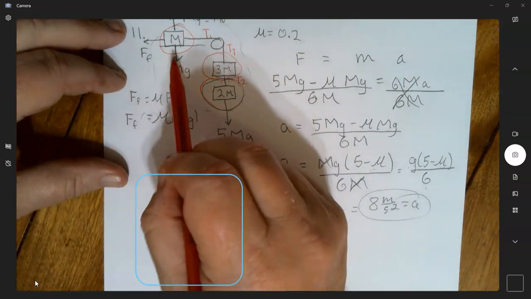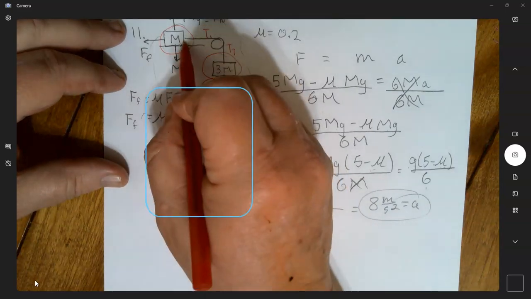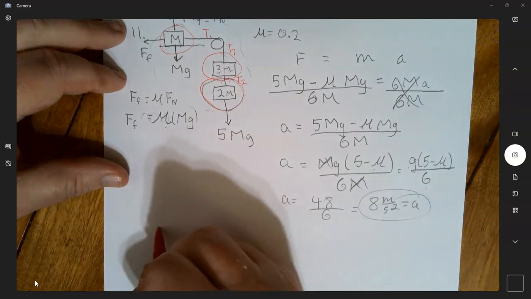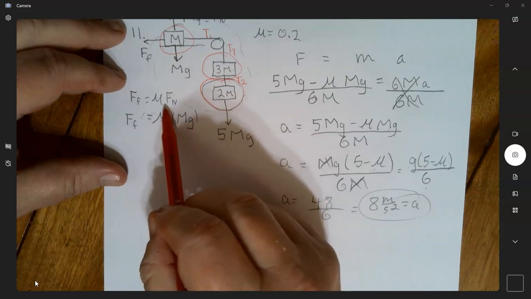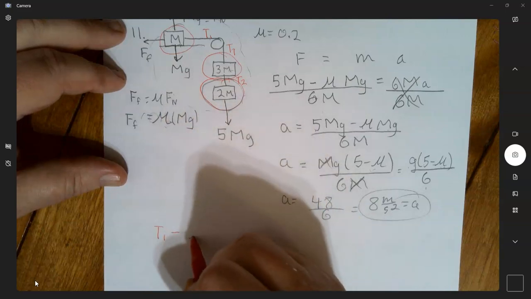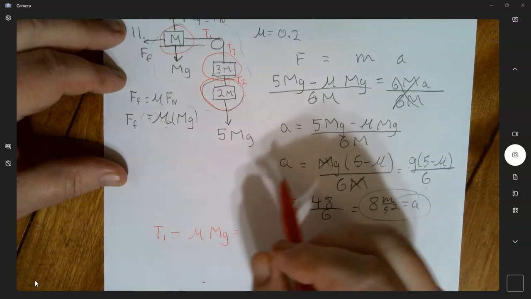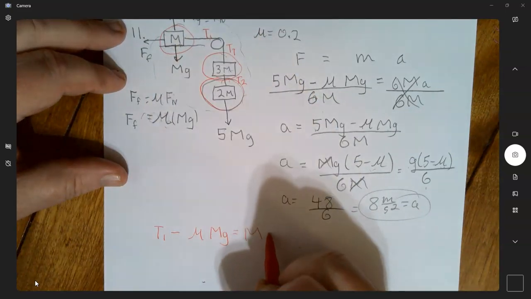We're going to start with this block up here. The forces are T1 and the friction force going in the other direction. The friction force is mu times mg, and that's going to equal the mass of this block, ma.